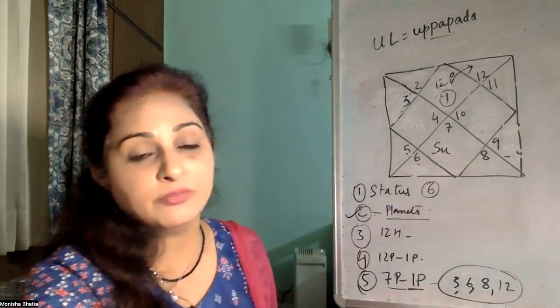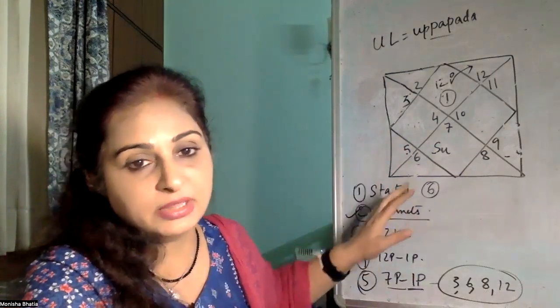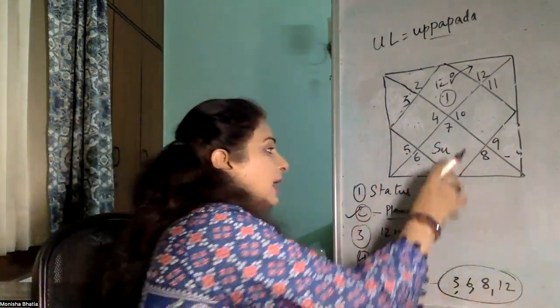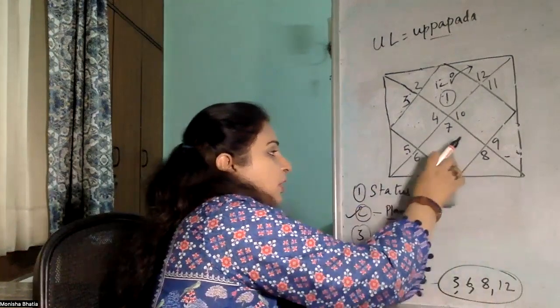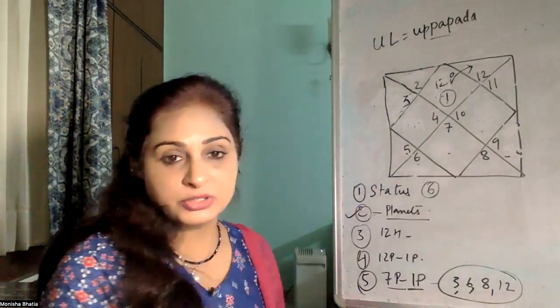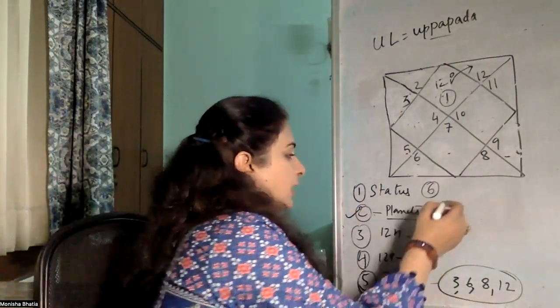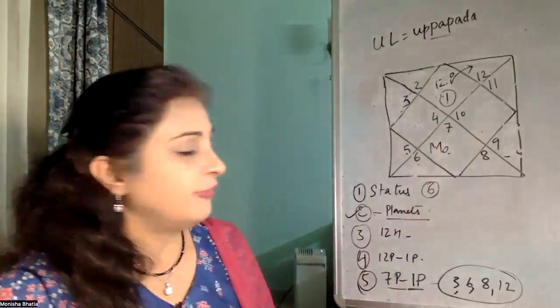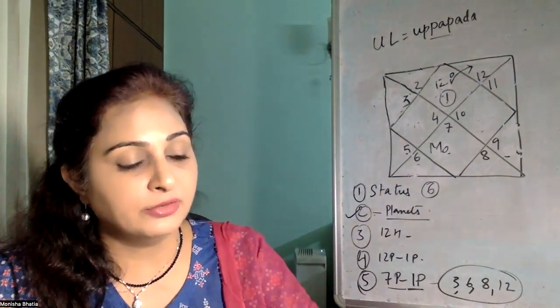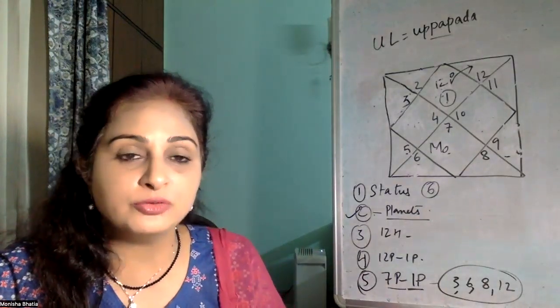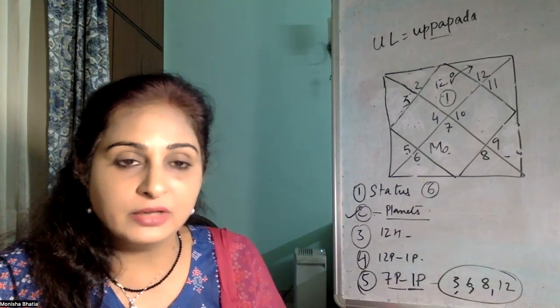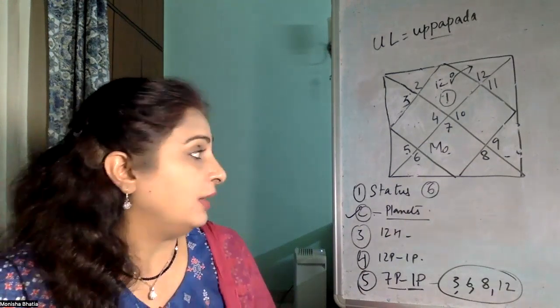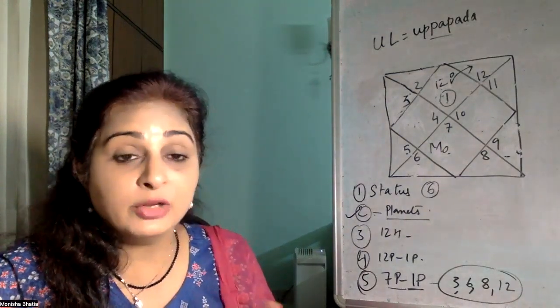Otherwise, the Sun can give you good results in the seventh house as far as the marriage partner and his thought process are concerned. If you have the Moon sitting in the seventh house, friends, the Moon is a planet which can make your spouse very emotional, very loving, very caring, very fair, and very good looking.